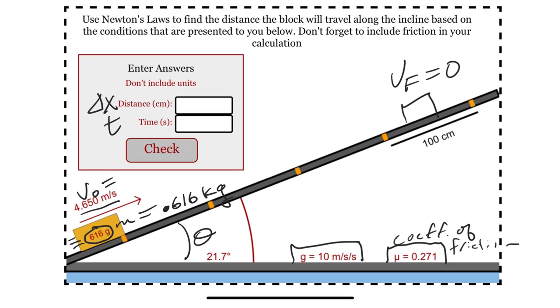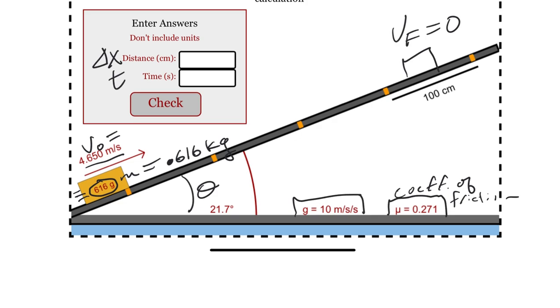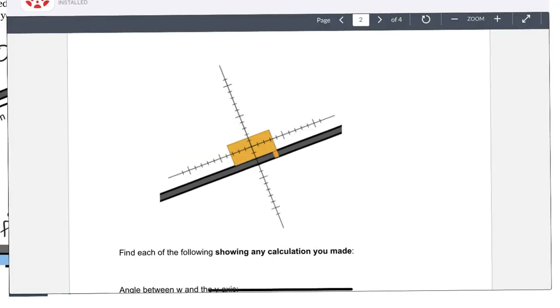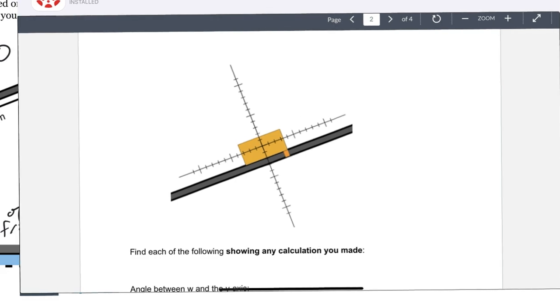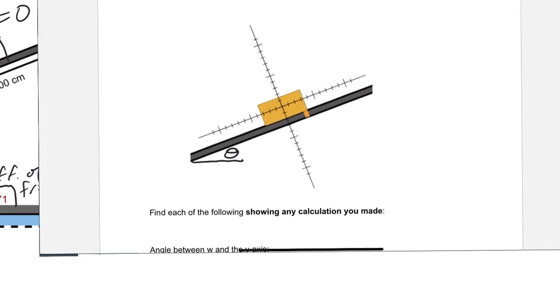Okay, so next we have to draw the free body diagram of the situation. So here's the angle that they gave me. For me, it was 21.7.